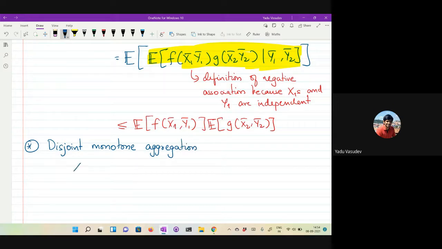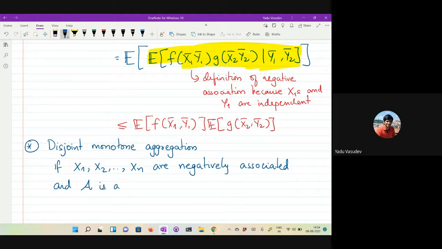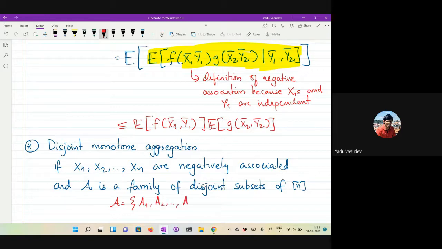If x1, x2, and so on till xn are negatively associated, and A is a family of disjoint subsets of n, a collection of disjoint subsets, say A1, A2 up till AR, such that Ai intersection Aj is the empty set for every i, j in R.